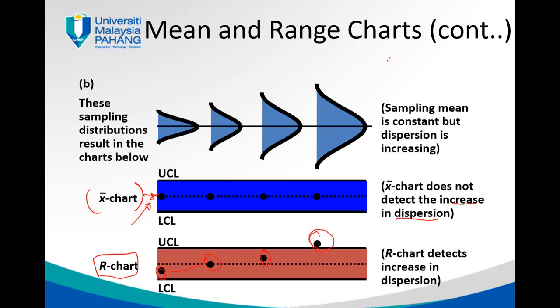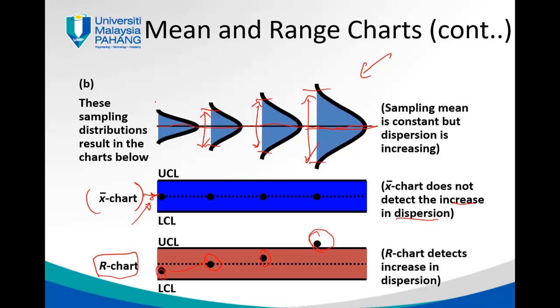If we look at this graph, the mean of the chart is roughly consistent, but the range here was changing. So it also shows that there is something wrong with the process. The range of the minimum and maximum has changed.